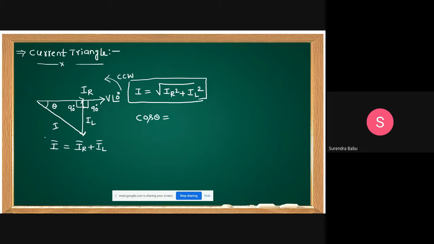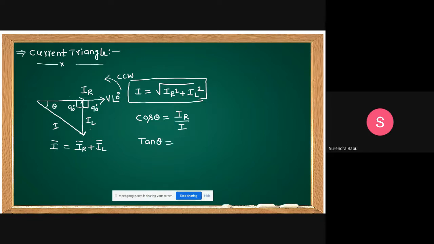How to define cos theta? Come on, this is a right angle triangle. Adjacent by hypotenuse. That is IR by I. What is the tan theta? Tan theta equal to which one, friends?